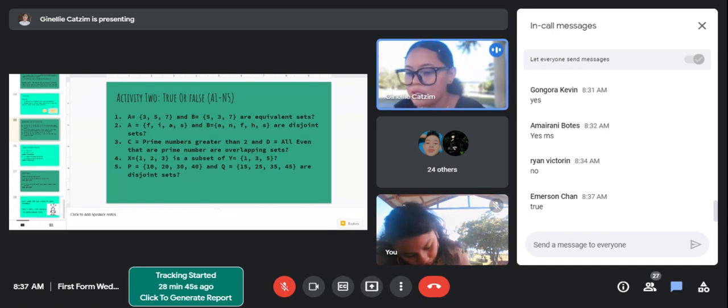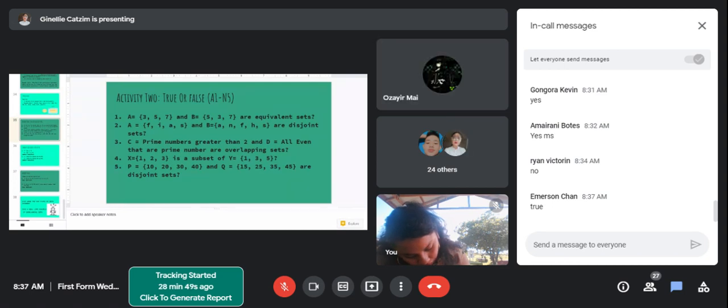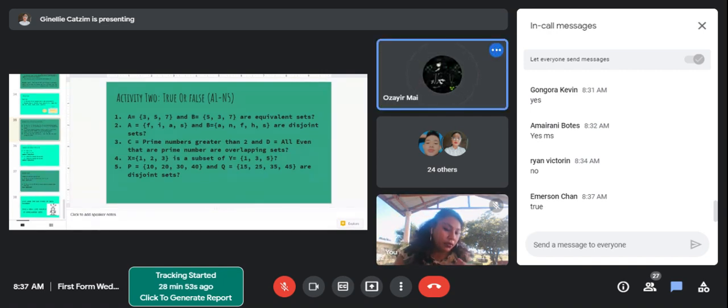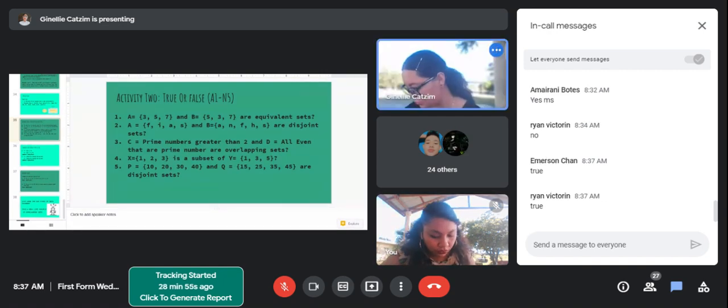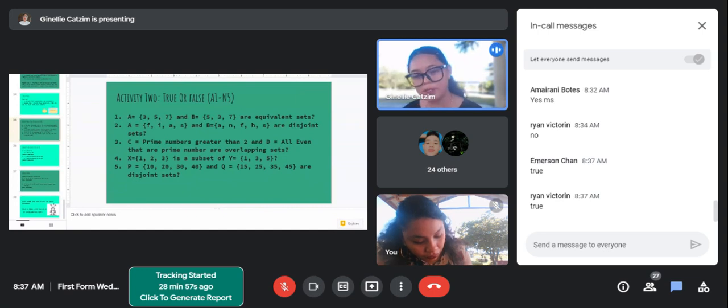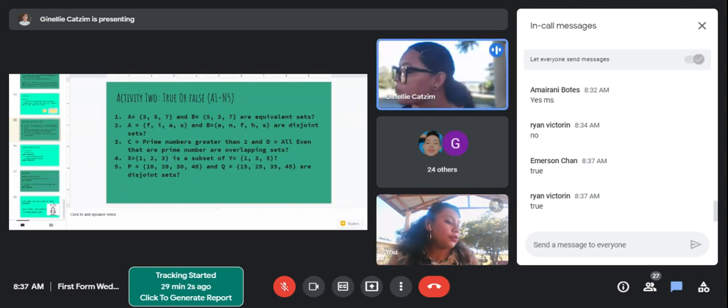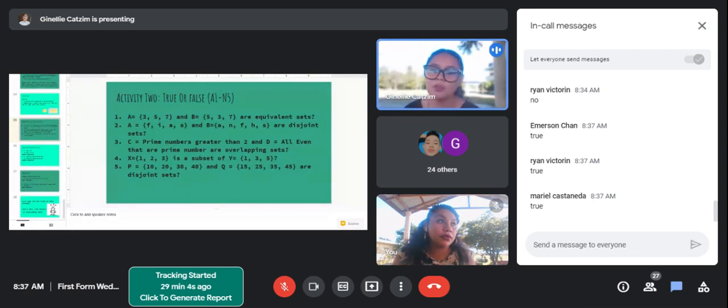Emerson says true. Who else agrees? Who disagrees? Zaire says true. Ryan says true. Ryan says false. Okay, we'll take a look. Prime numbers greater than 2. Because it says greater than 2, we do not include 2, right?